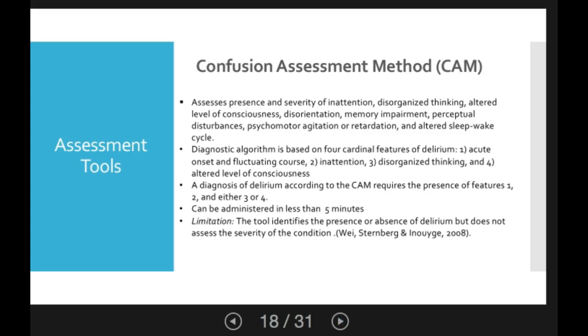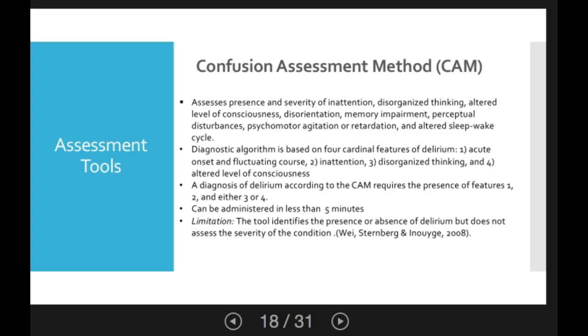One of the assessment tools commonly used is the Confusion Assessment Method, or CAM. The CAM focuses on the key features of delirium: acute onset and fluctuating course, inattention, disorganized thinking, and altered level of consciousness.